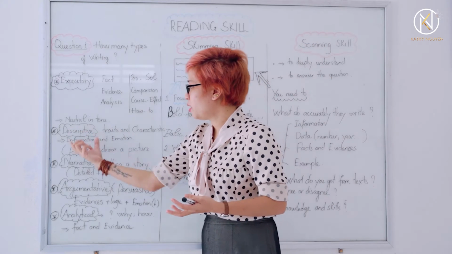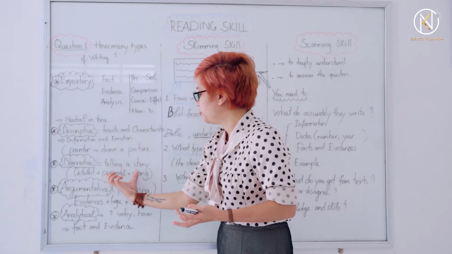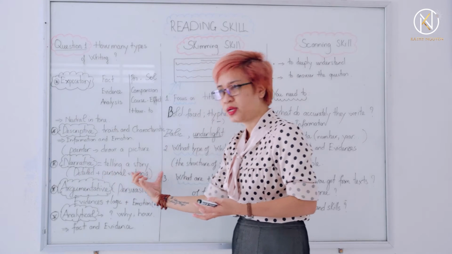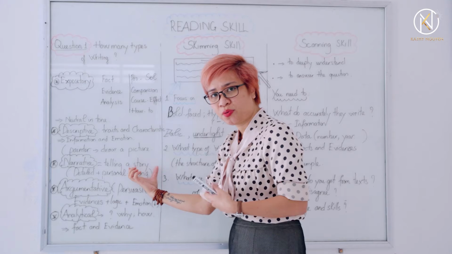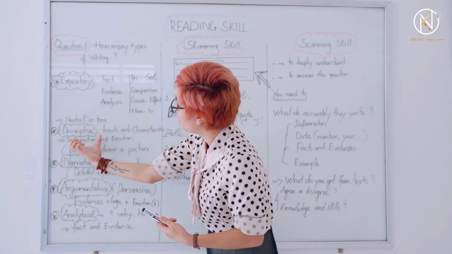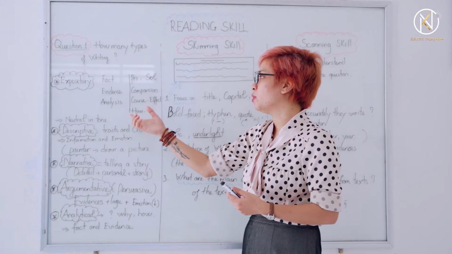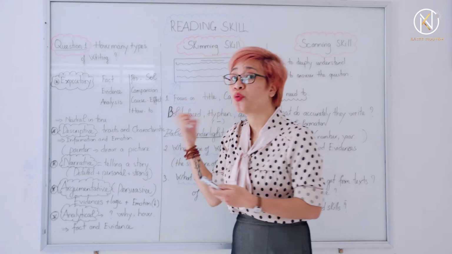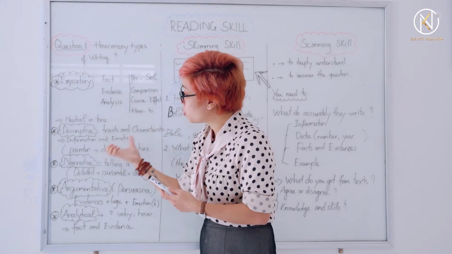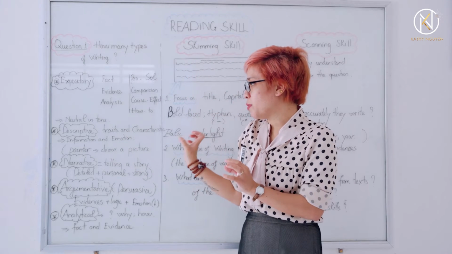And descriptive here is like a go-between, between a personal story or some stories that you experience. But here you just tell people about traits and characteristics. It's not quite as academic as expository, but you also need to use information, and it's just a little bit of emotion for that.